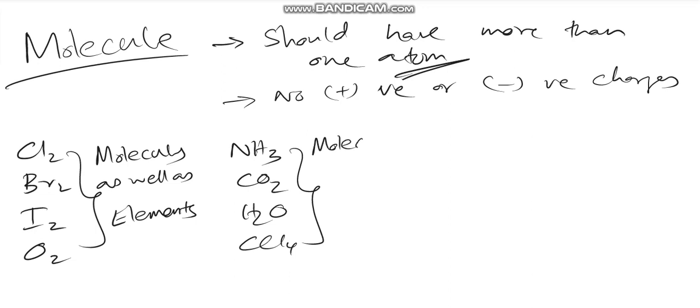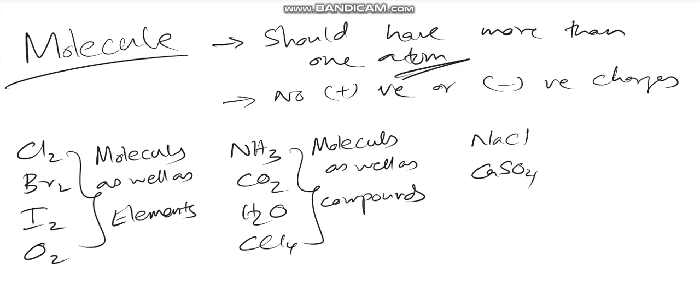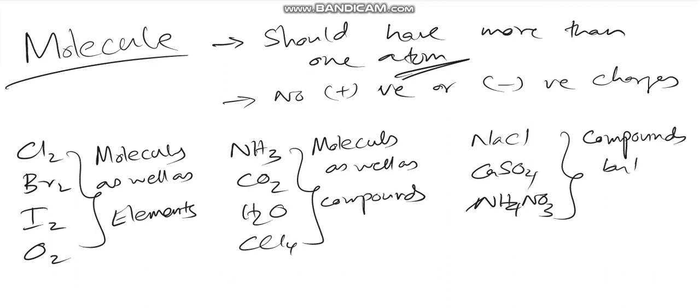These are molecules as well as compounds. Then what about sodium chloride, calcium sulfate, ammonium nitrate? Even though ammonium nitrate is made of non-metals, we can't say it's a molecule because it has ions. These are compounds but not molecules, right? So those are the basic ideas.